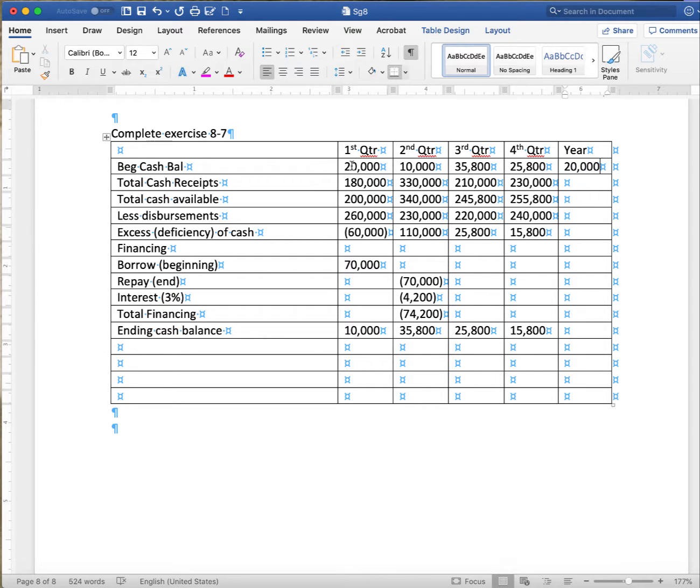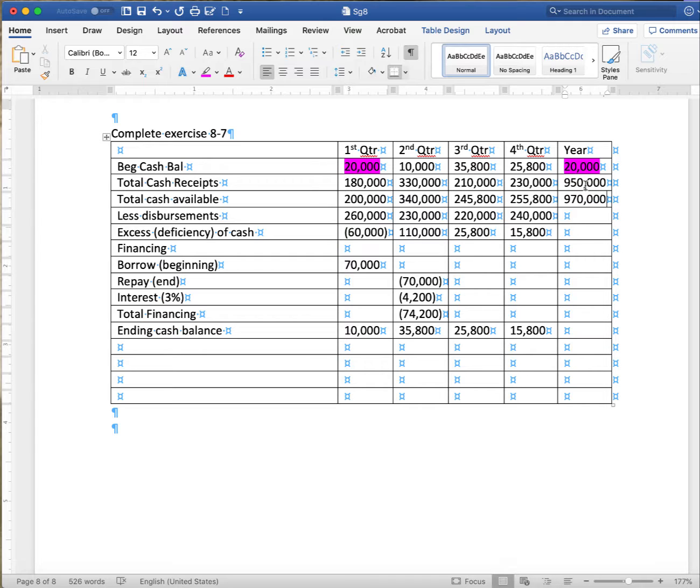So if we started the year with $20,000, we're going to end the year with $20,000. Okay? What are the total cash receipts? Well, I just add all those up all the way across, and that ends up being $950,000. Total cash available must be $970,000.